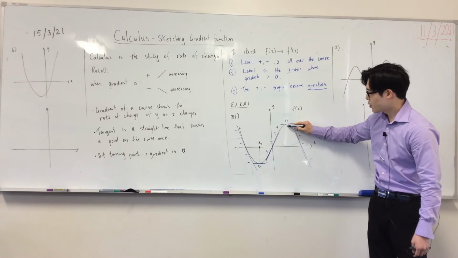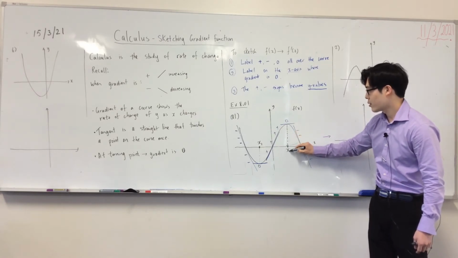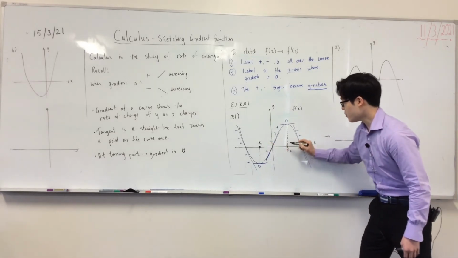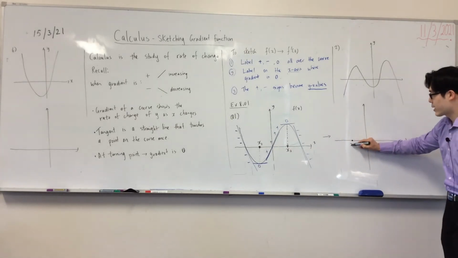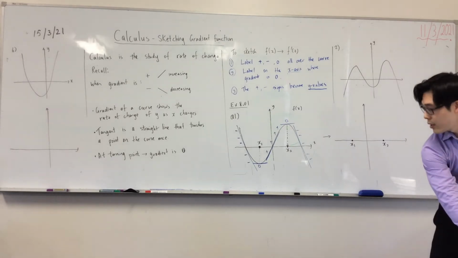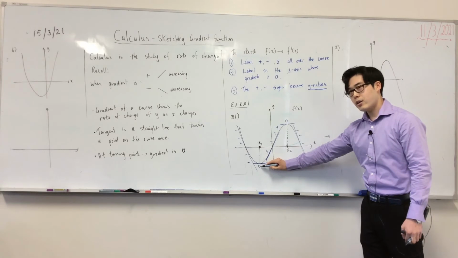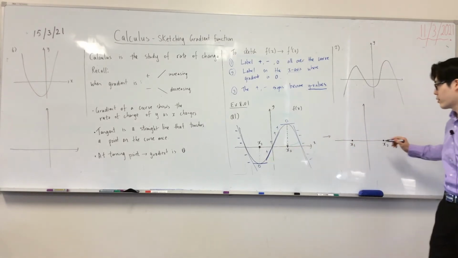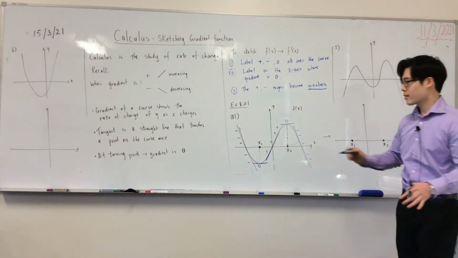I'm going to label those two same points on my new graph, so x1, x2. The reason I need to label those points, girls, is that 0 gradient means y equals 0 on my new graph, so it has to go through those 2 points.